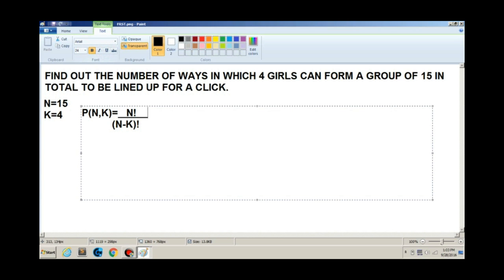In solving this, instead of putting n, we need to put the value of n. The value of n there is 15 factorial over 15 minus 4, because the value of k there is 4, factorial.